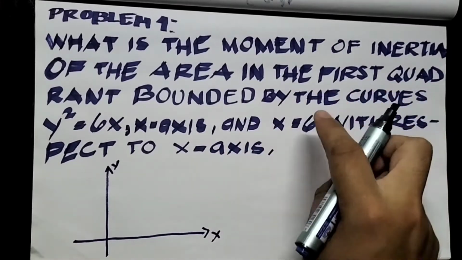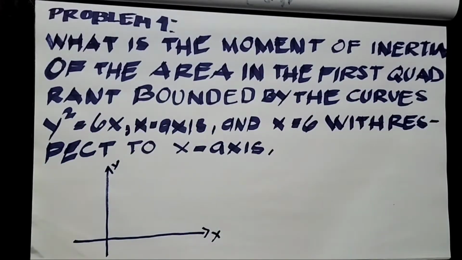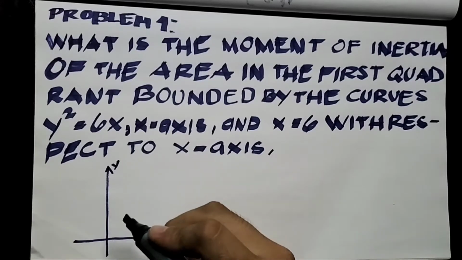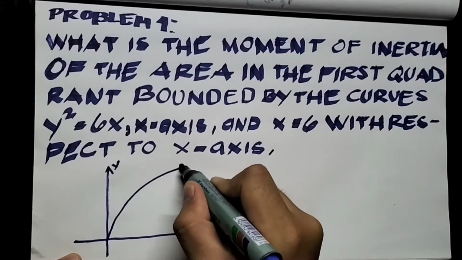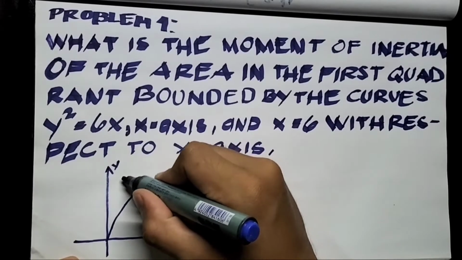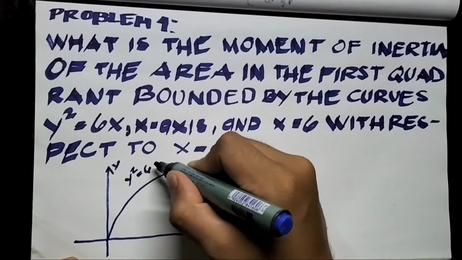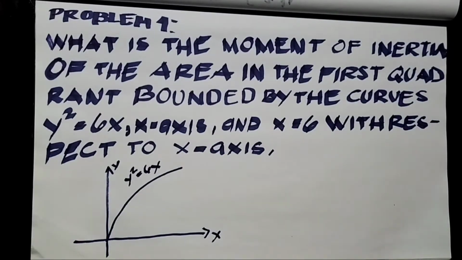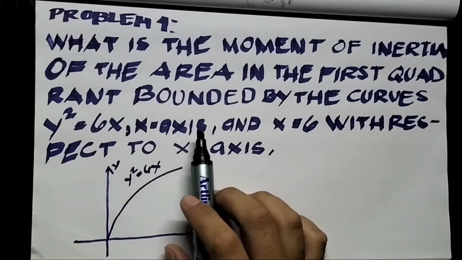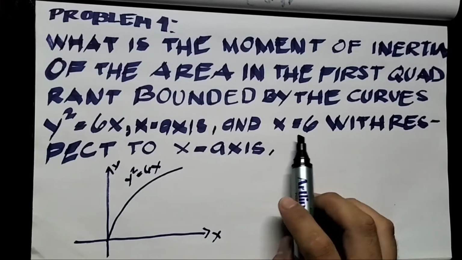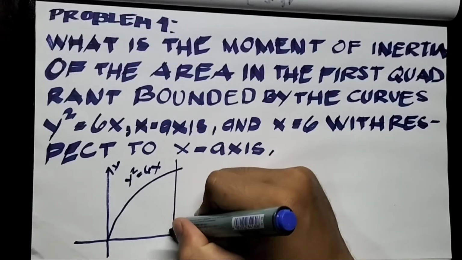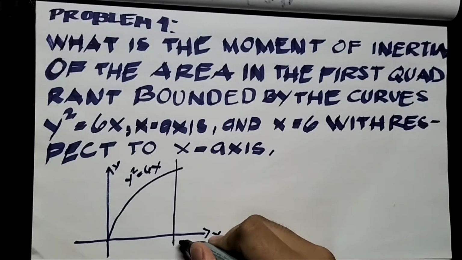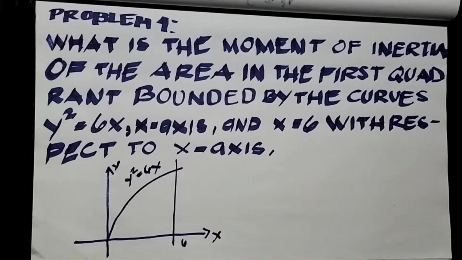So, in the first quadrant lang tayo, as says in the problem. So, the graph of y squared is equals to 6x is something like this. Then, the next curve to graph is x is equals to 6. So, let's say this line is x is equals to 6.